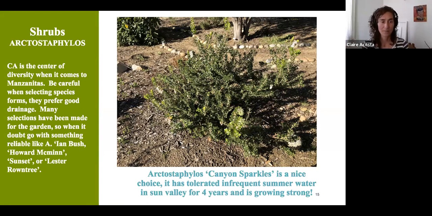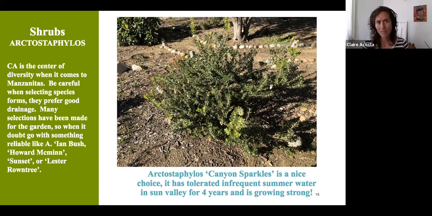California is the center of diversity when it comes to manzanitas. You just want to be careful when selecting specific species, because most manzanitas prefer good drainage. They don't want to sit in any wet situation. The nursery trade has created hybrids and certain cultivars that do better in the garden setting.